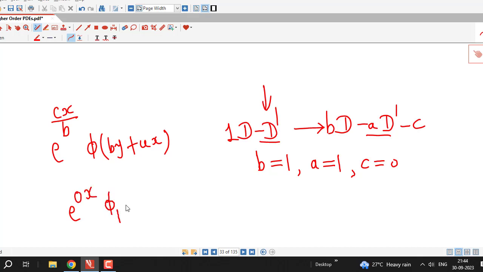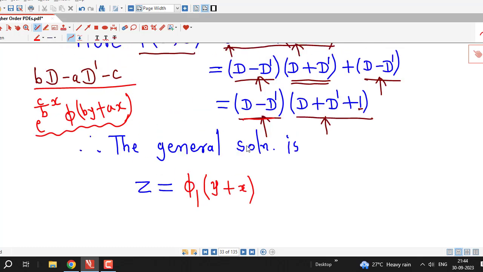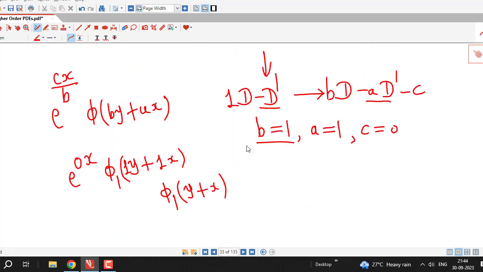We consider phi 1 as the first function for this D minus D'. b is 1, that is 1 into y, plus a is also 1. e raised to 0x is 1, therefore we have an arbitrary function of y plus x. That is going to be the part of the general solution corresponding to the first factor D minus D': phi 1 of y plus x.